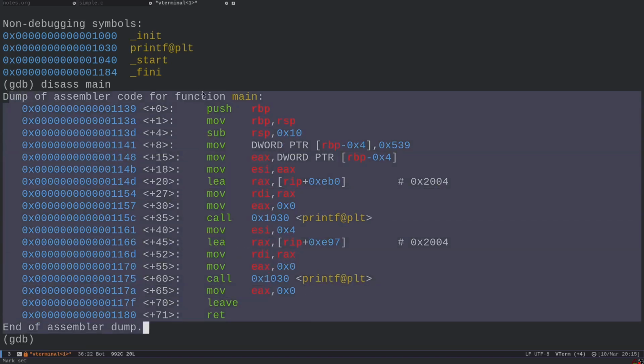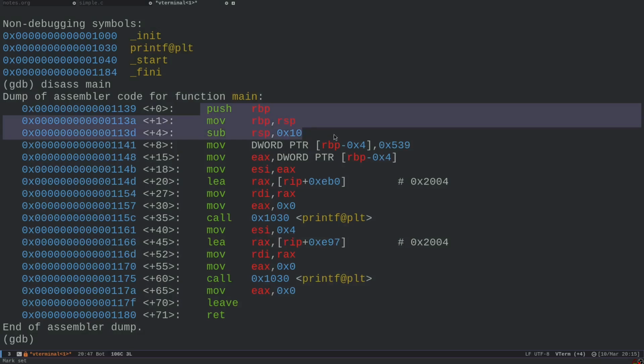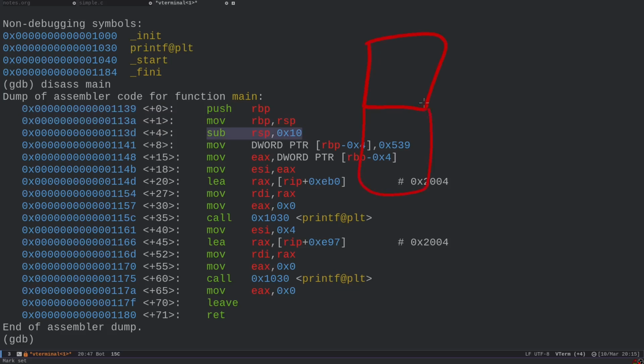I've made other videos describing the function prolog, calling convention and things of the sort. Basically what we are interested in at this point is the fact that when the program does this sub rsp, 0x10, it takes up a place in the stack of the program, and the stack of the program is used to hold all the local variables.